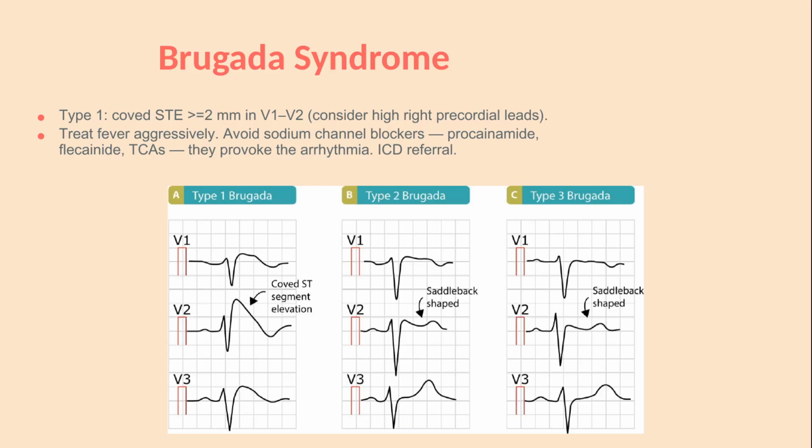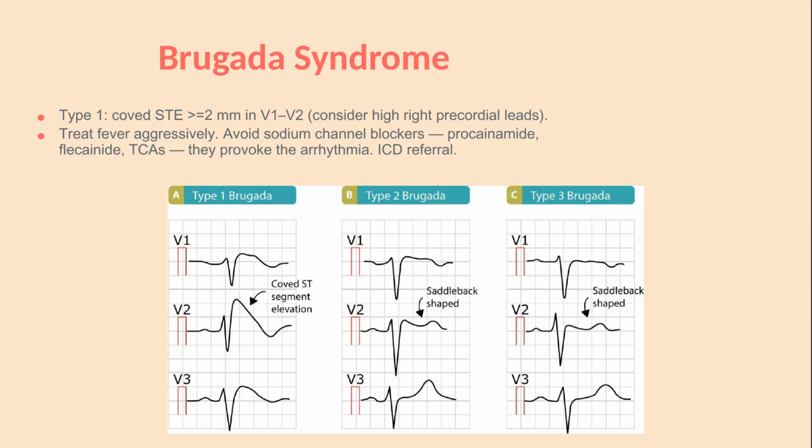It matters because these patients die from polymorphic VT, often in sleep, often young, and the ECG may be the only warning. The pattern waxes and wanes, and fever famously unmasks it, so treat fever aggressively with antipyretics in any patient with a known or suspected Brugada pattern, and take a febrile syncope story seriously.